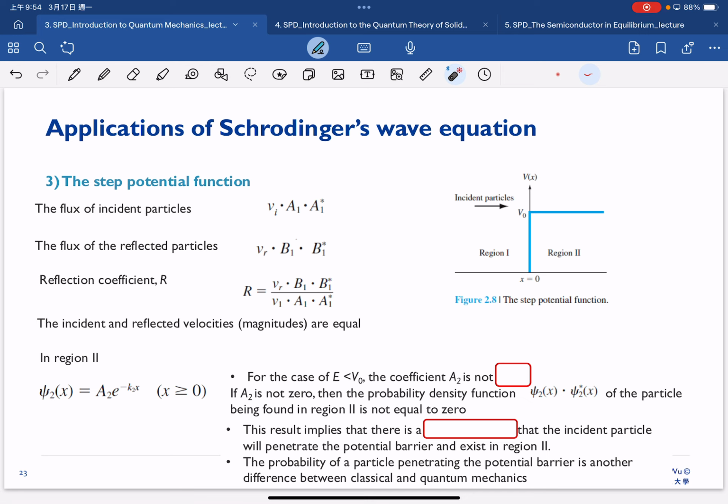Okay, and in the case of region 2, we have already expressed this as the wave function for region 2. So for the case of energy smaller than V0, the coefficient A2 is not 0.